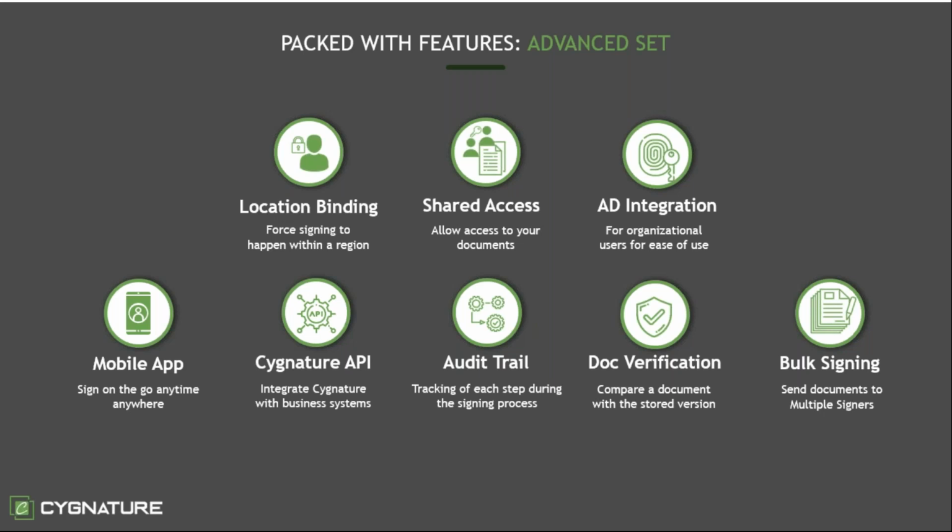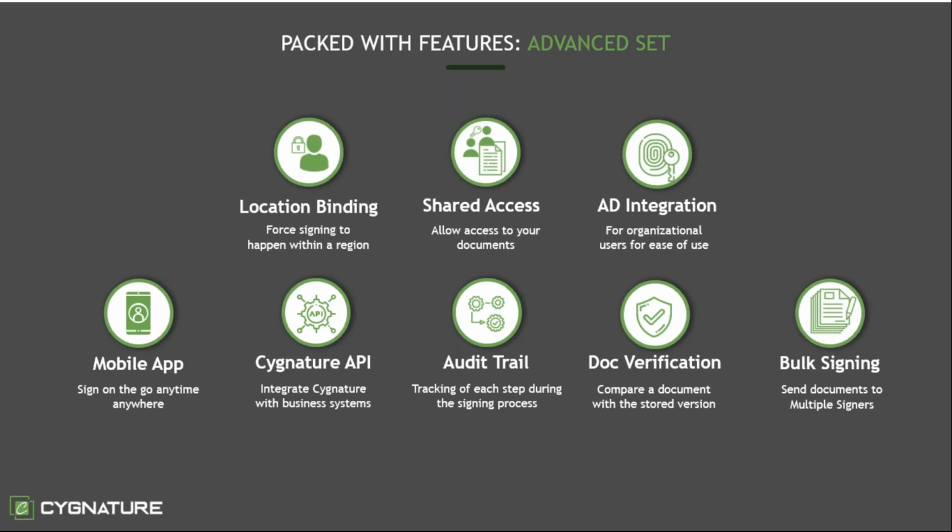In terms of the audit trail and document verification and bulk signing, these are the features that allow you to keep track of the signing after the signing has happened. So you have a complete audit trail of each and every step during the signing process.